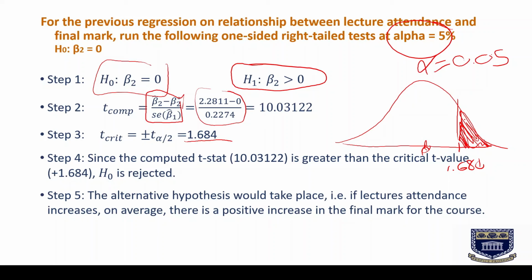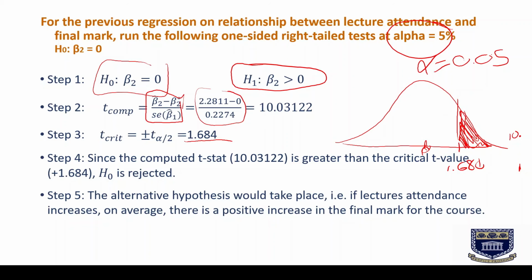The area of the sampling distribution to the right of 1.684 makes up the rejection region. And clearly, a value of 10 lies much further than that to the right, so it lies within the rejection region. So we reject the null hypothesis that beta 2 equals 0.